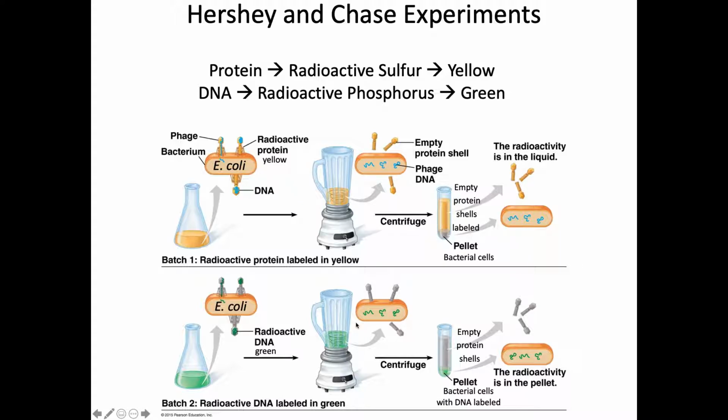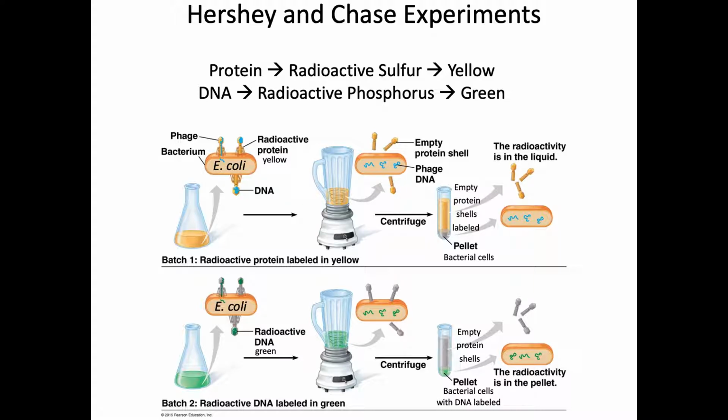To get into their experiments in more detail, they ran two batches, or two experiments. For the first one, they had a bacterial phage, specifically called T2, because that virus specifically infected E. coli. For the first batch, they radioactively labeled the protein in the protein head of the virus.